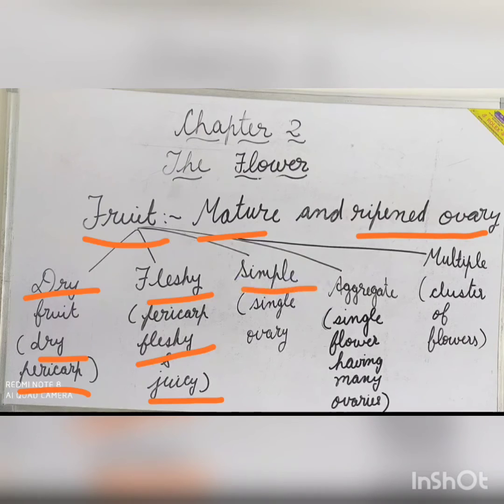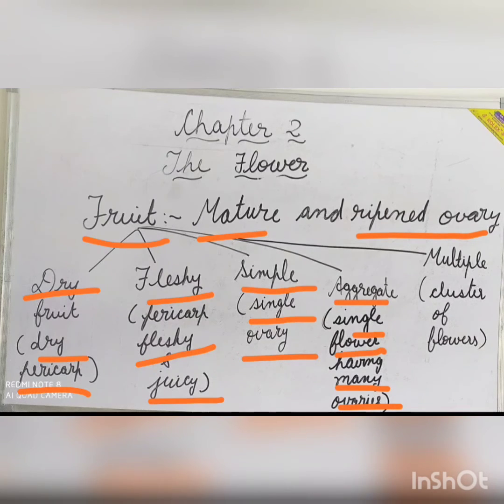Simple fruit. Simple fruits are those which develop from a single ovary, like cherry, mango, peach, pear, etc. Aggregate fruits develop from a single flower which has many ovaries, and each ovary gets fertilized separately.